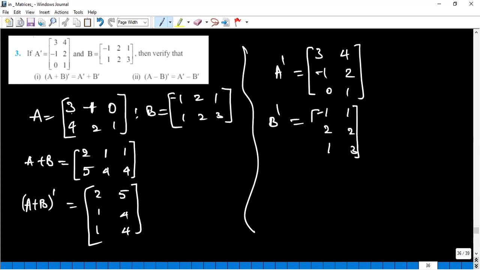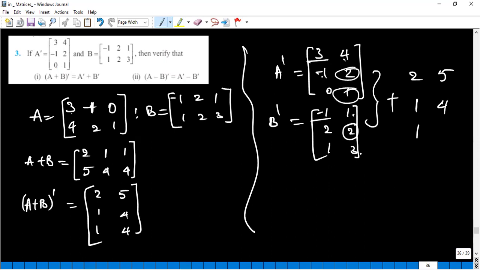If you add these two, what will you get? 3 minus 1 is 2. -1 plus 2 is 1. 1. 4 plus 1 is 5. 2 plus 2 is 4. 1 plus 3 is 4. Okay, this is our result.